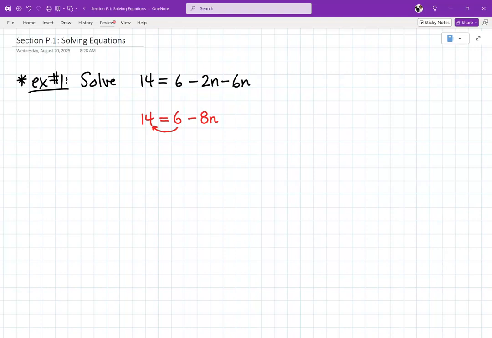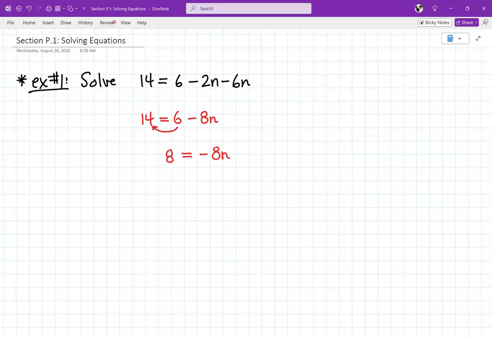So when you switch sides, you switch signs, okay? Switch sides, so switch signs. So this is a +6. So when it goes over, it's going to be a -6. 14 minus 6, that's going to give me 8. So again, when you switch sides, you got to switch signs.